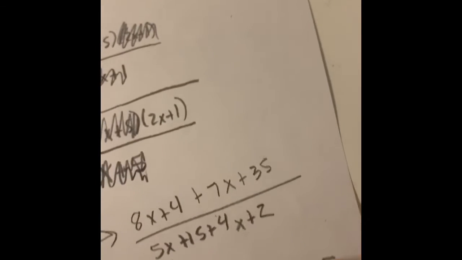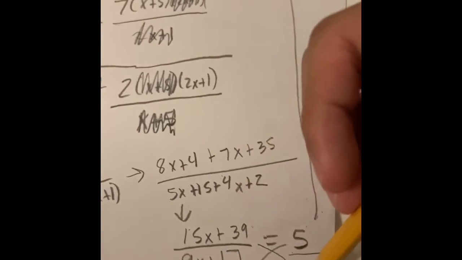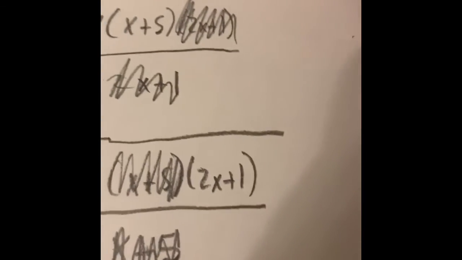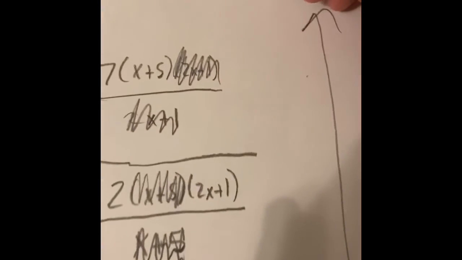So now, 5 is basically 5 over 1. Now we can just cross multiply. Alright, let me bring that up here. So now if we cross multiply, that's 5 times 9x plus 17.